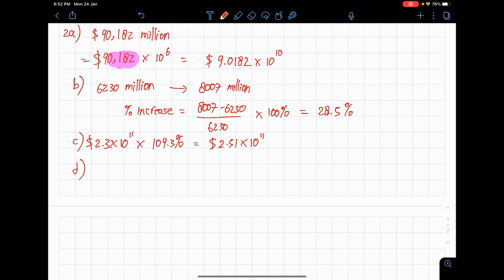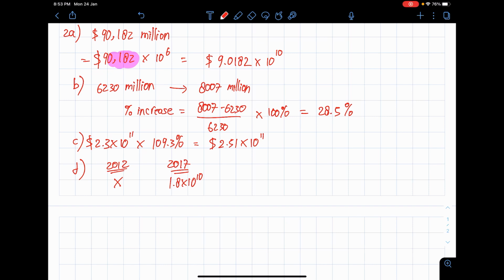And question D. From 2012 to 2017, there is a decrease of 6.1% in imported goods. So let's see between the two timelines. The 2017 value is 1.8 multiplied by 10 power of 10, and let's say the 2012 value is X amount.